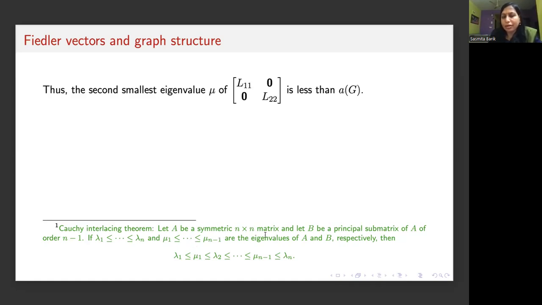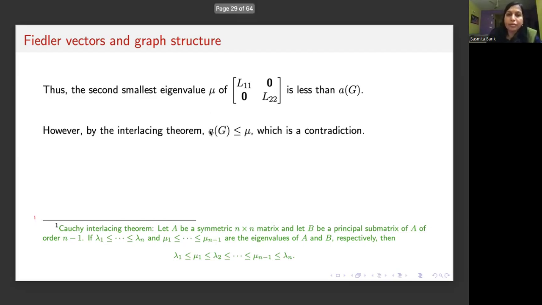That theorem is for an n minus 1 by n minus 1 submatrix, but it can be applied again and again. So lambda 1 for LG is 0, then mu 1 will be the smallest eigenvalue of this, then the next eigenvalue will come, AG, and the second smallest eigenvalue will come after that. So AG must be less than or equal to mu, by the interlacing theorem.